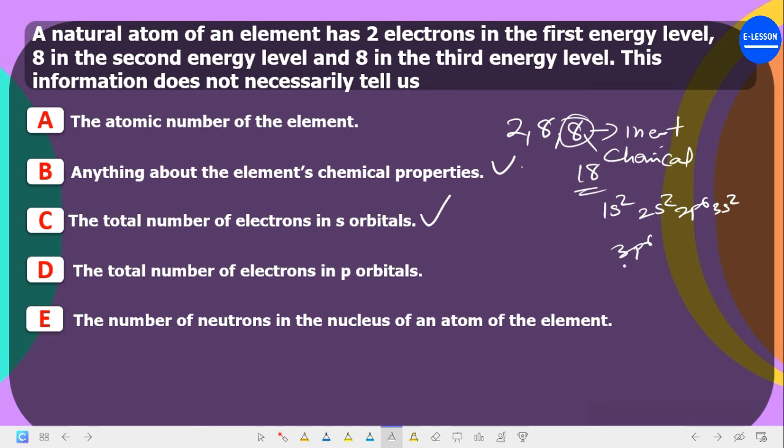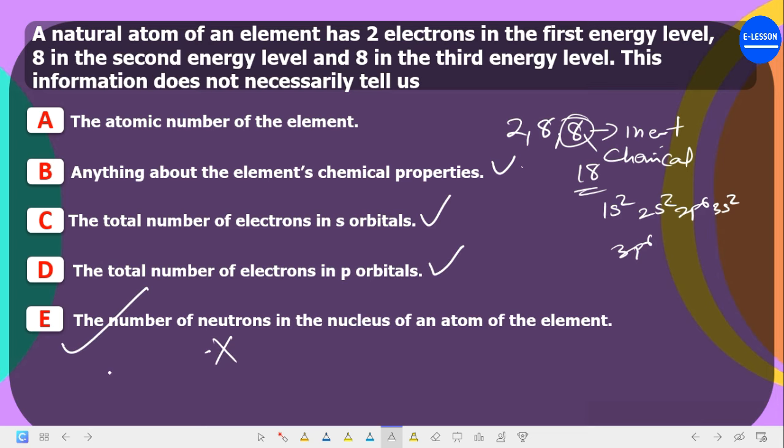The total number of electrons in the s orbital is 2 plus 2 plus 2, which is 6, and in the p orbital it is 6 plus 6, which is 12. So it gives us information about these two. Now, the number of neutrons in the nucleus of an atom of the element, does it tell us? No, it does not tell us the number of neutrons.